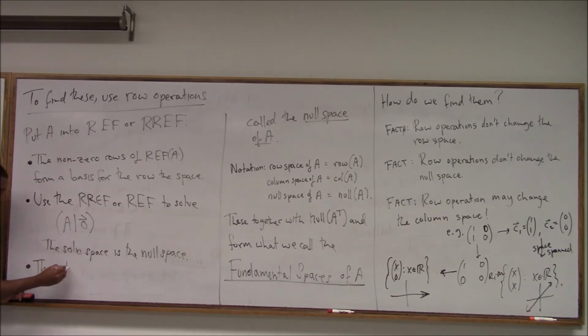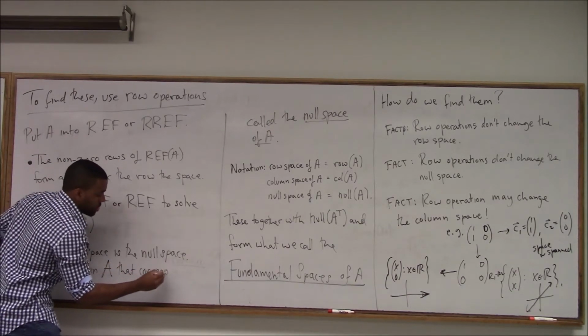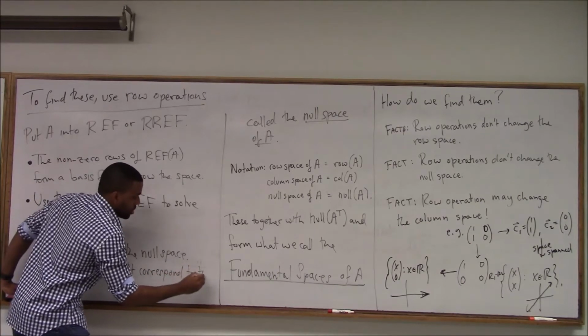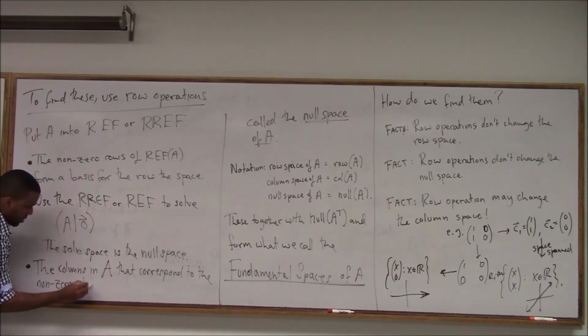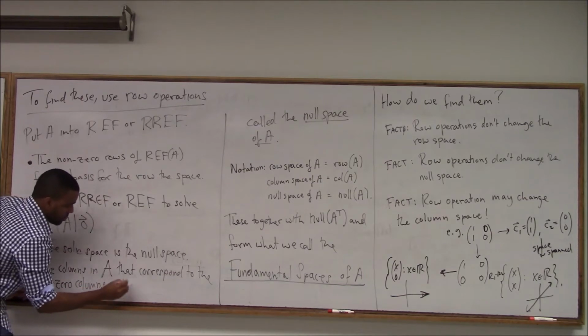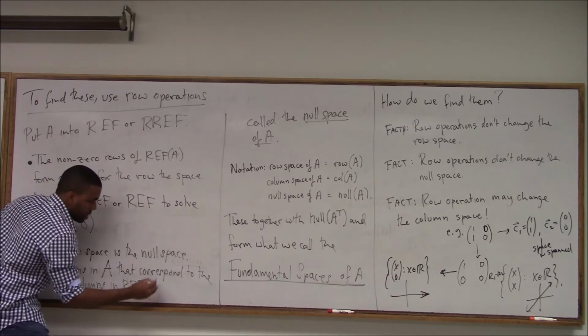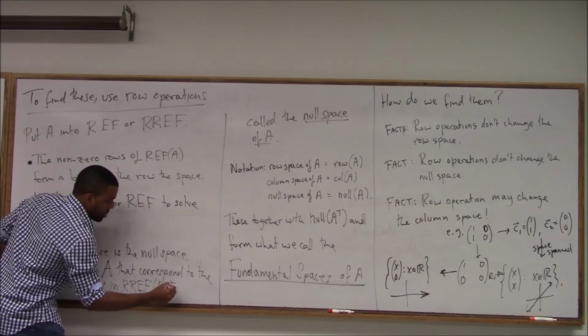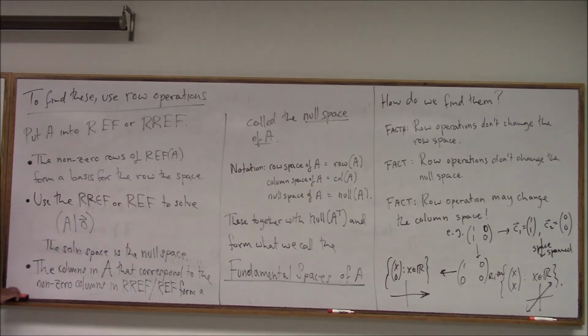The columns in A, as in the original matrix, that correspond to the non-zero columns in the reduced row echelon form, or the row echelon form, form a basis for the column space.